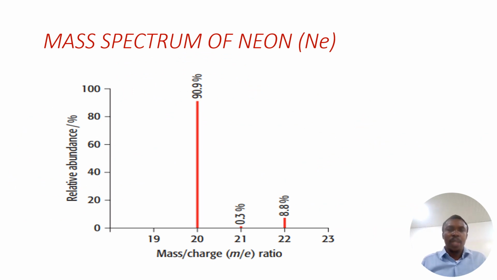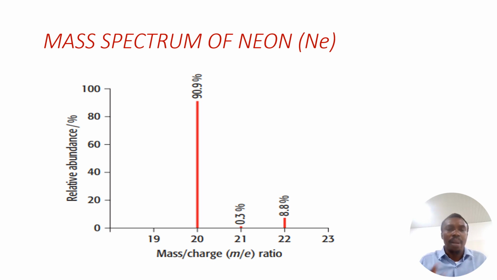So here's the mass spectrum of neon, which is a product of mass spectrometry from a mass spectrometer. It shows a graph of the relative abundances of the element against the mass to charge ratio, the atomic mass.